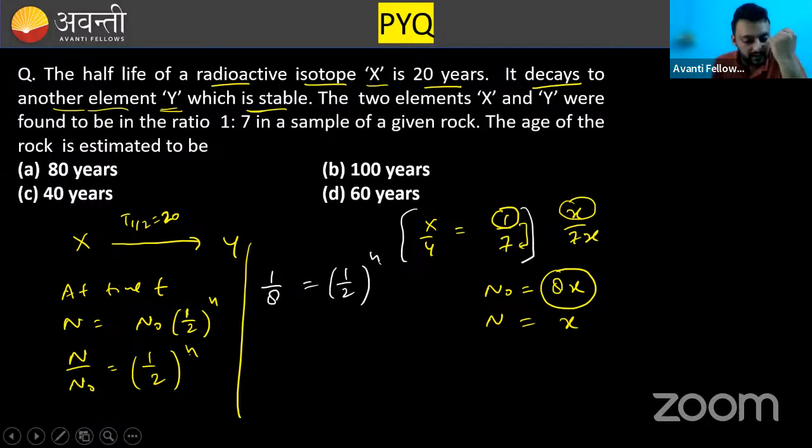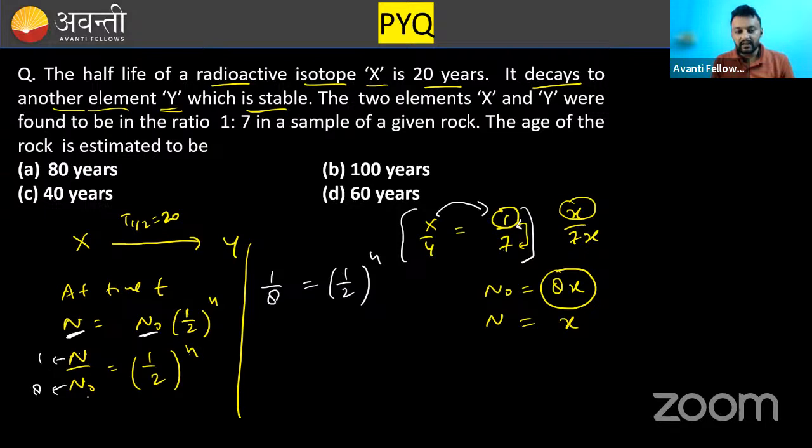I am repeating my words again. The ratio of X and Y is 1/7. That means X is 1 out of total particles or nuclei, which were 8. So this is total, this is remaining. So N over N naught is 1/8. Remaining was 1 and initial was 8.